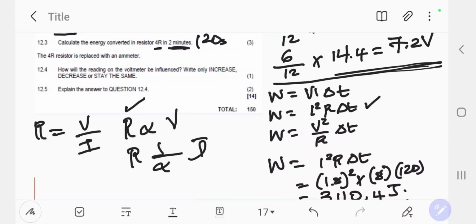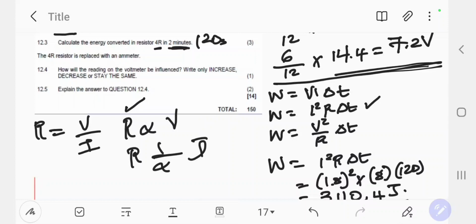It says, how will the reading on the voltmeter be influenced? Does it increase, decrease, or stay the same? Guys, let's start by stating Ohm's law. Ohm's law says the potential difference across a conductor is directly proportional to the current flowing in the conductor, provided temperature remains constant.